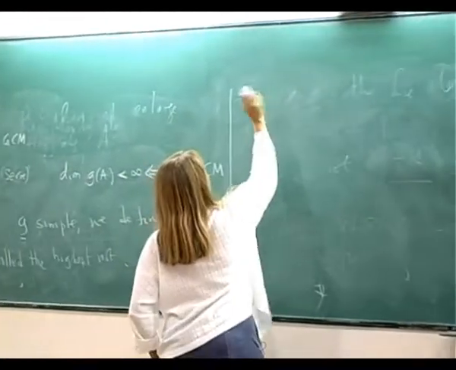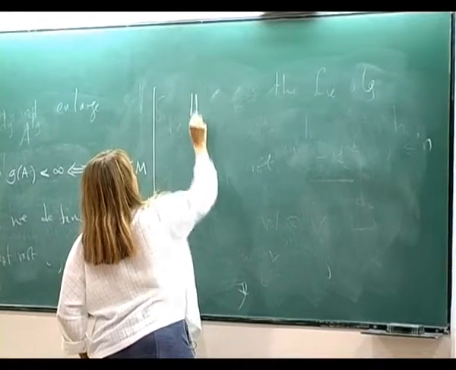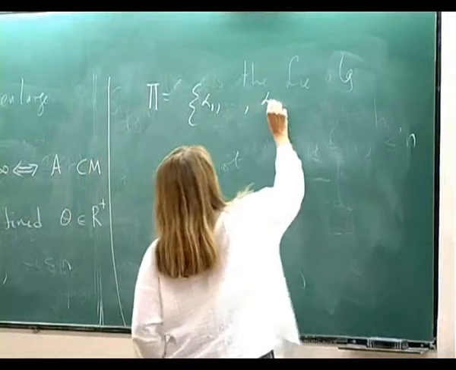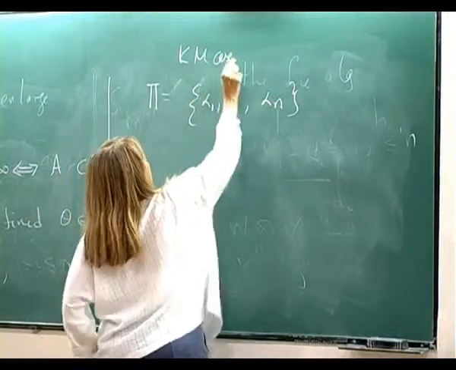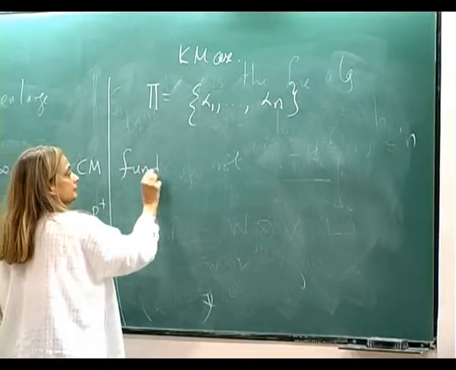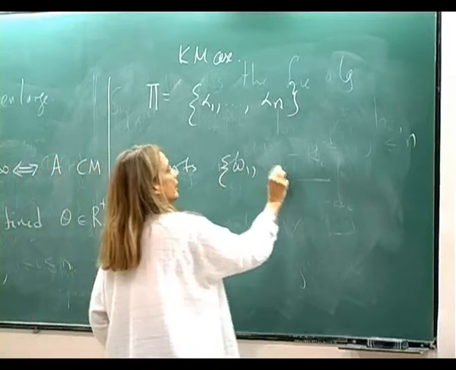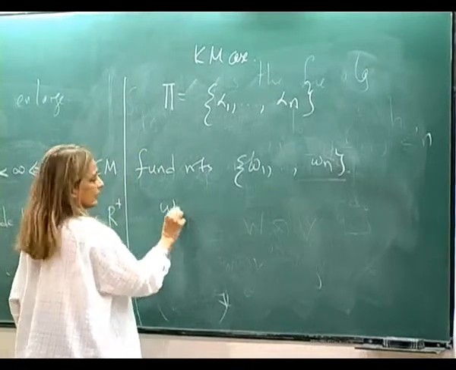Well, we still have our simple system, which I'll continue to call pi, which is alpha 1 up to alpha n. Now I'm in the Kac-Moody case. I can still formally define fundamental weights, which I'll call omega 1 up to omega n. This time they're not defined using the Killing form.